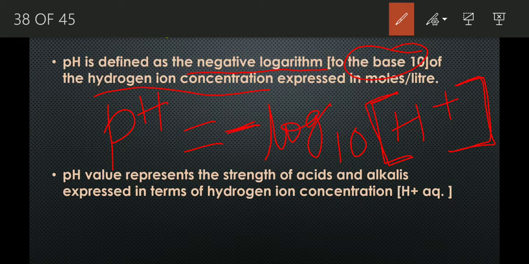This pH value represents the strength of acids and alkalis, that is, whether the acidic solution is strong or weak, or whether the alkaline solution is strong or weak. It represents the strength of a solution depending upon the hydrogen ion concentration present in that aqueous solution.